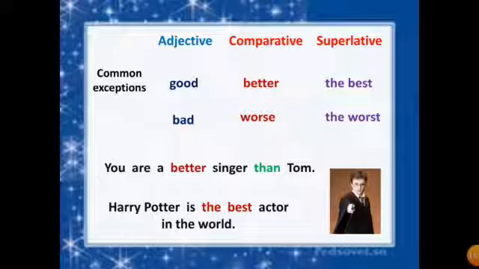In this sentence, we use the adjective good in comparative form, better, and also than. Harry Potter is the best actor in the world. In this sentence, the superlative form of the adjective good, we use the best.